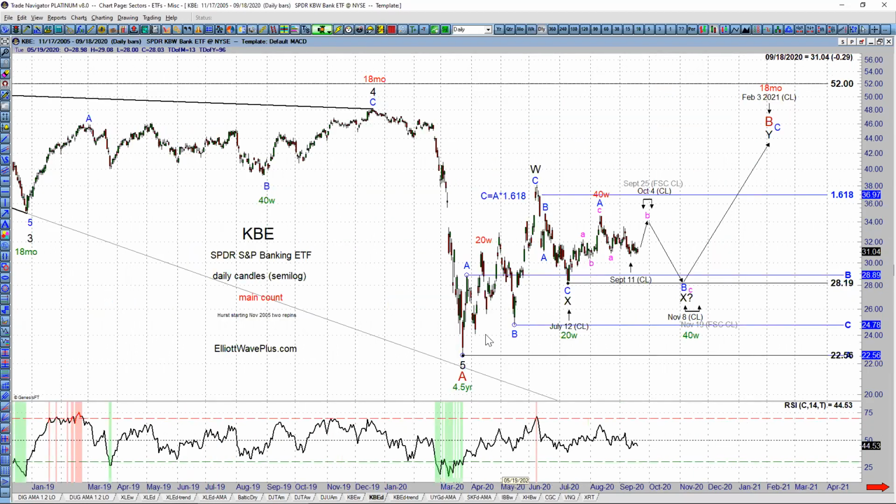And I got to tell you, this upward movement we're seeing in KBE since the March low is clearly corrective. And that means that at some point, we're probably going to see KBE plunge in another leg to the downside, but that may not occur until about February, March of next year.